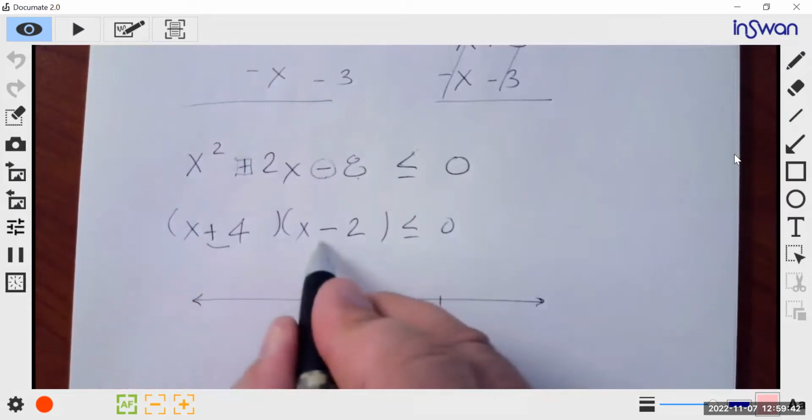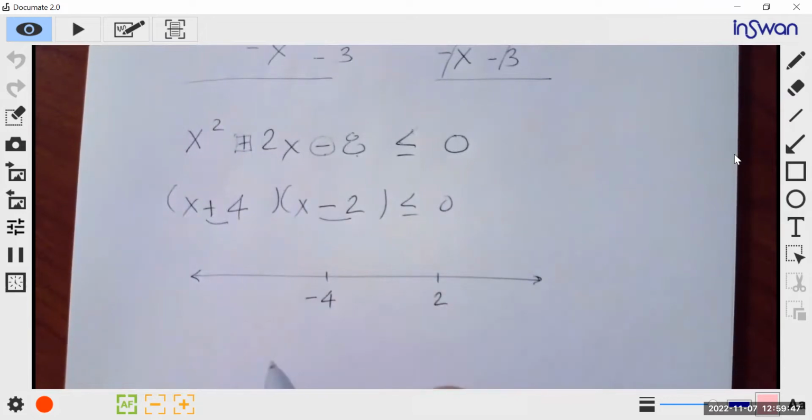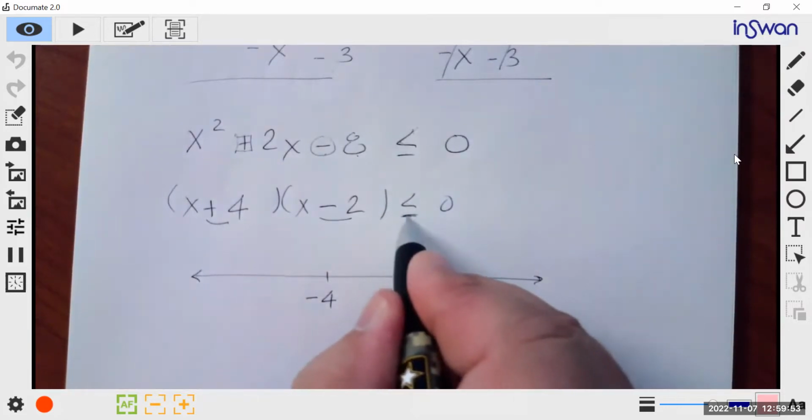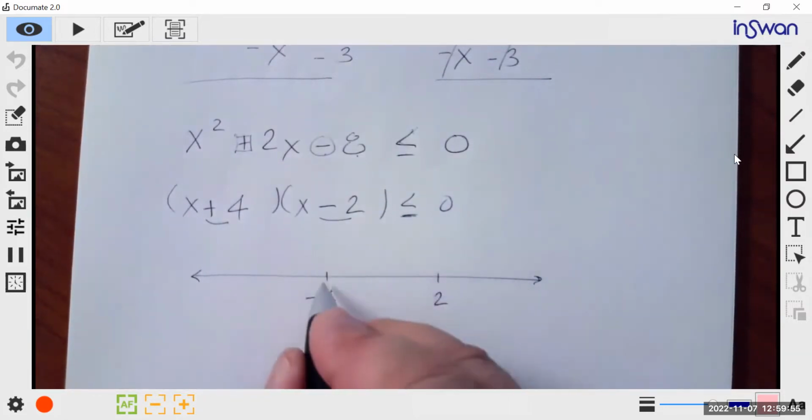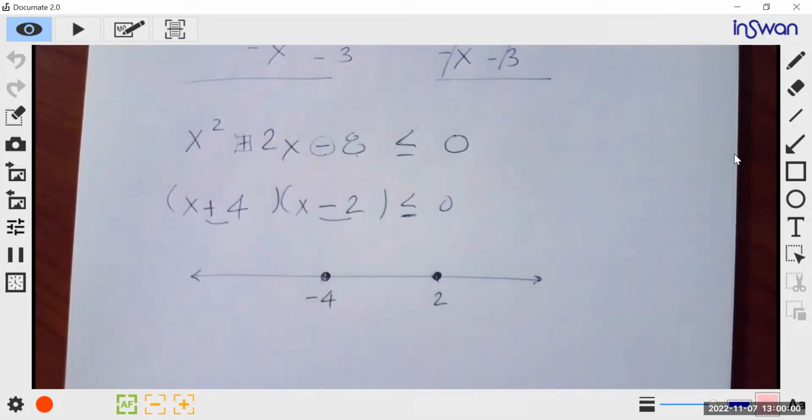It's always the opposite signs. -4 and positive 2. Are they open or closed circles? It's closed because I can make it equal. So in other words, I can use the -4 and 2 in my solutions.